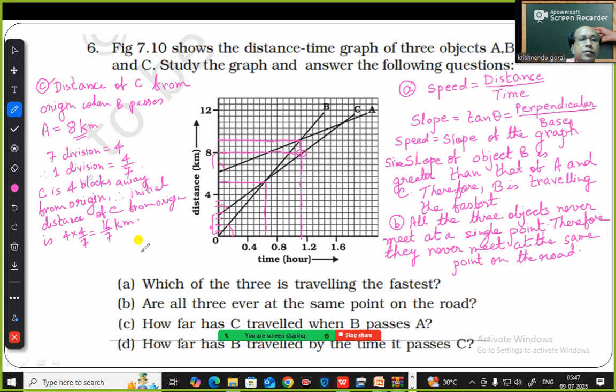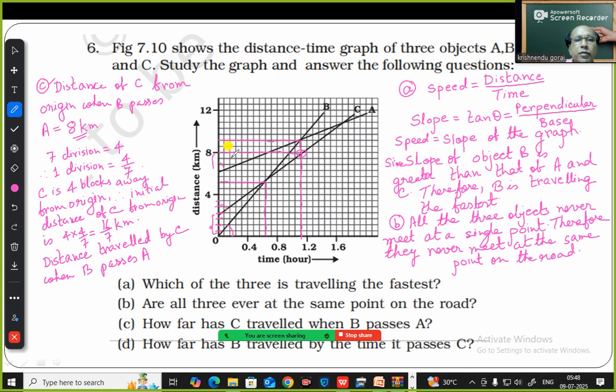Now we will find the distance travelled by C when B passes A. B passes this point, and this is the C point, that is 8 kilometer.